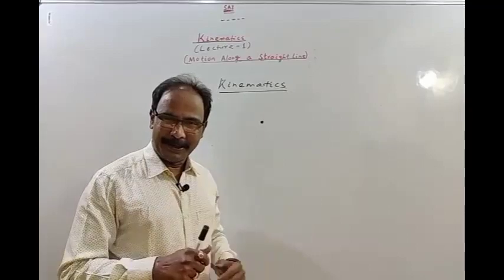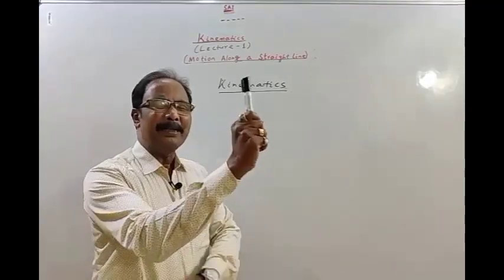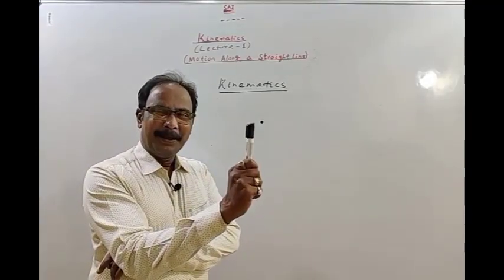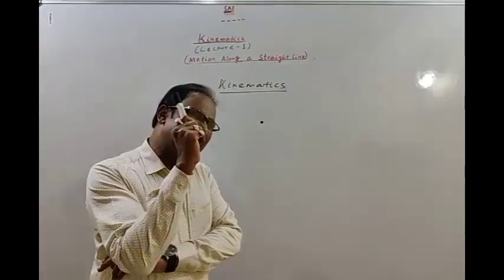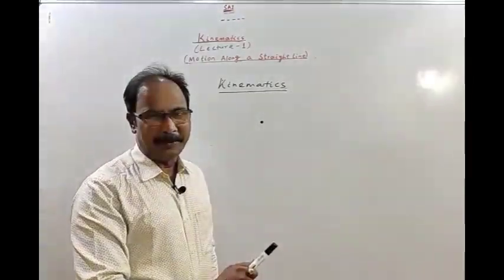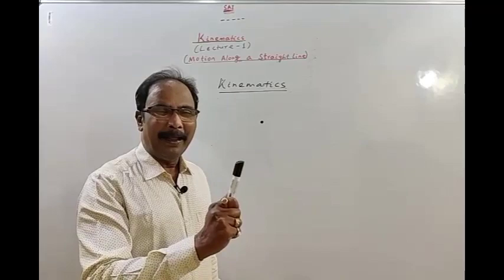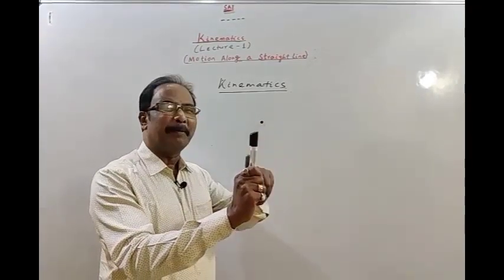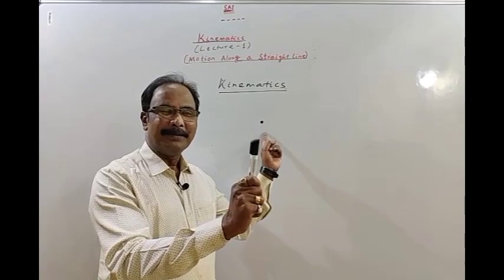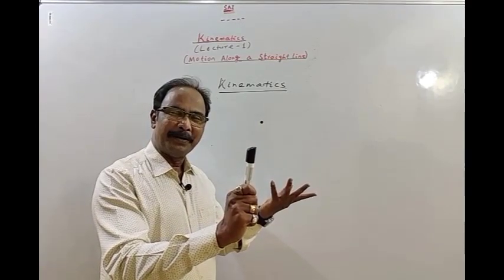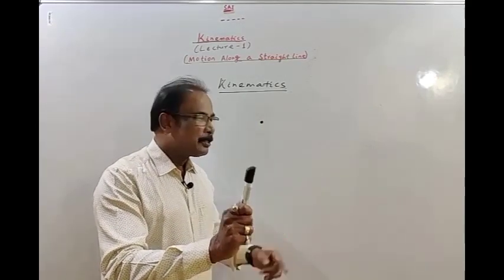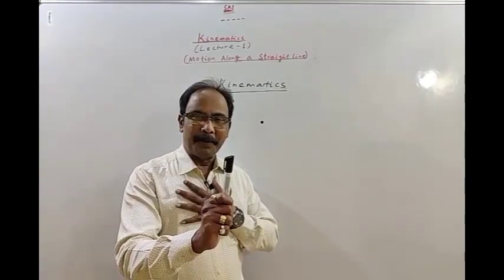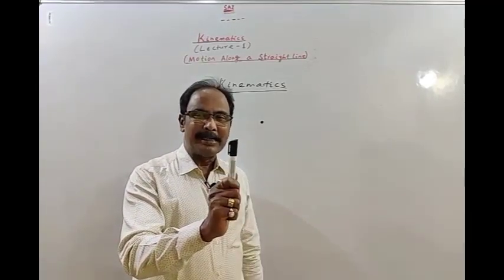So far we have discussed this. Okay, if a body is at rest, how? If a body doesn't change its position with respect to the reference point, then the body is said to be at rest. Then how can you conclude? Suppose I am the observer who is observing the condition of the body.